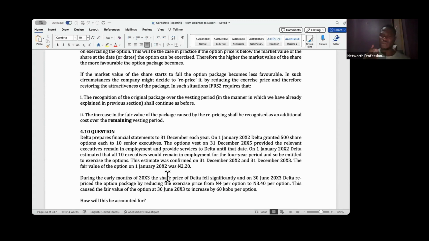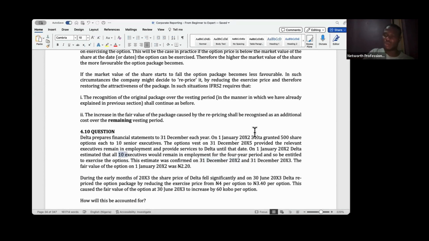So if you have revised your notes, you will know that at 31st December 2002, which is the end of the first year, the value of this share option is going to be 500. Let me start with the number of employees that will vest. Since they have estimated that the entire 10 will remain in employment at the vesting date, it's going to be 10.